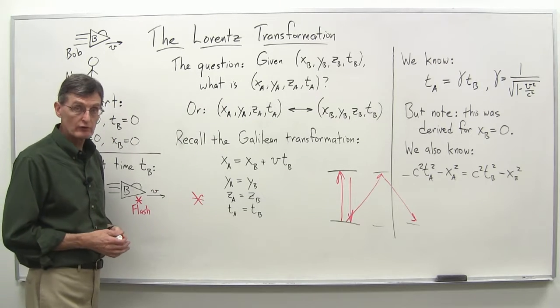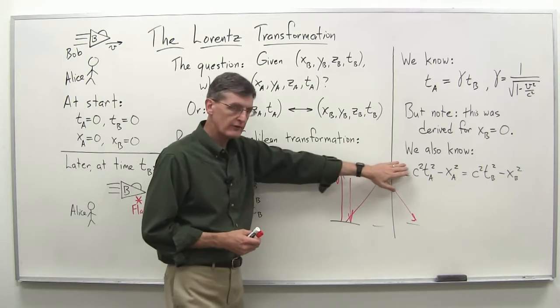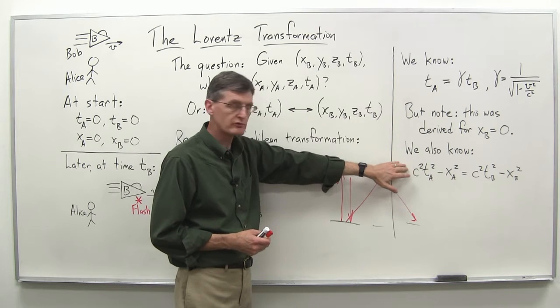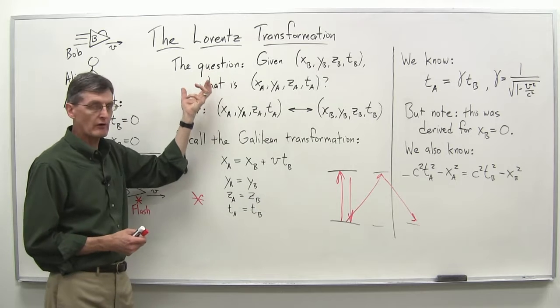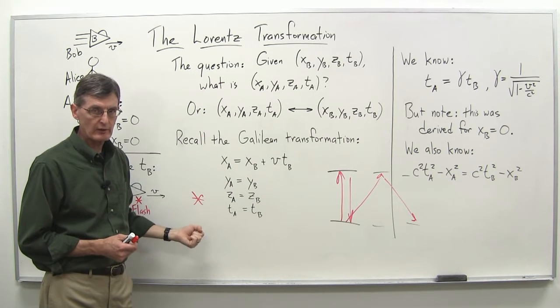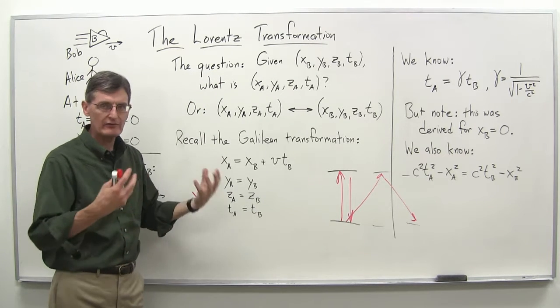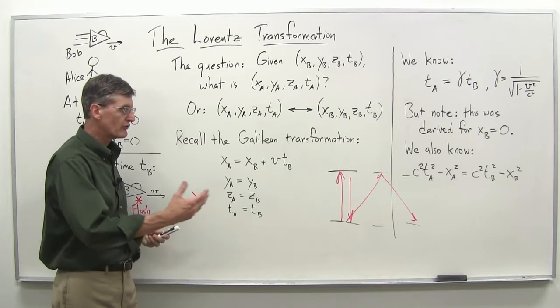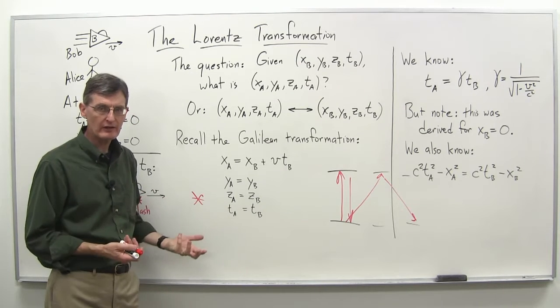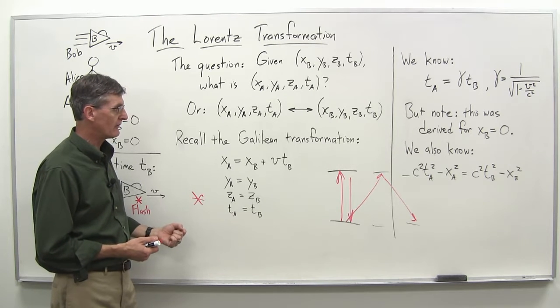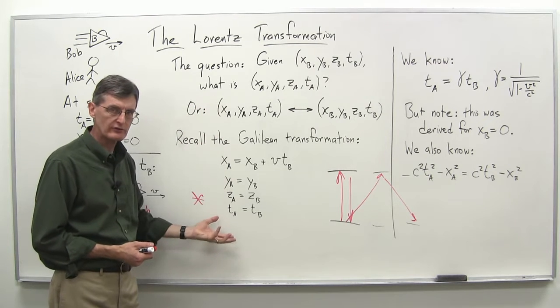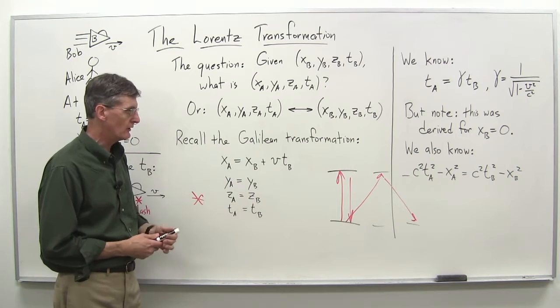Now, we also know, just as a reminder, the invariant interval equation. And this is true in general, so it will be very useful for deriving the Lorentz transformation equations that we want. Again, it's just algebra, but it's useful to work through it so you can see where it comes from. It's not just magic. It doesn't appear out of thin air. It's a sequence of logical steps building on what we've done before.